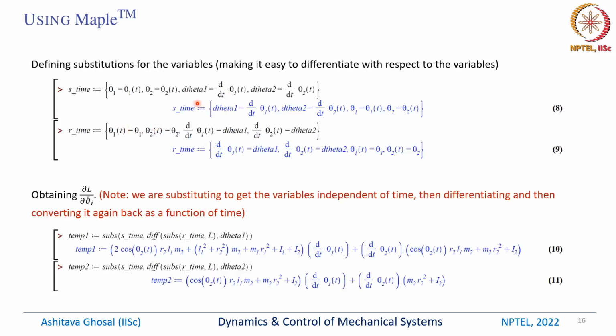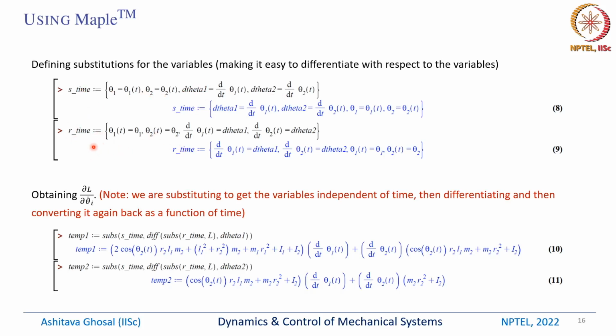So we define a substitution for the variables, making it easy to differentiate with respect to the variables, because we want to differentiate with respect to theta 1, theta 2, and also with theta 1 dot and theta 2 dot. So we define these new variables d theta 1, d theta 2, and theta 1 and theta 2.